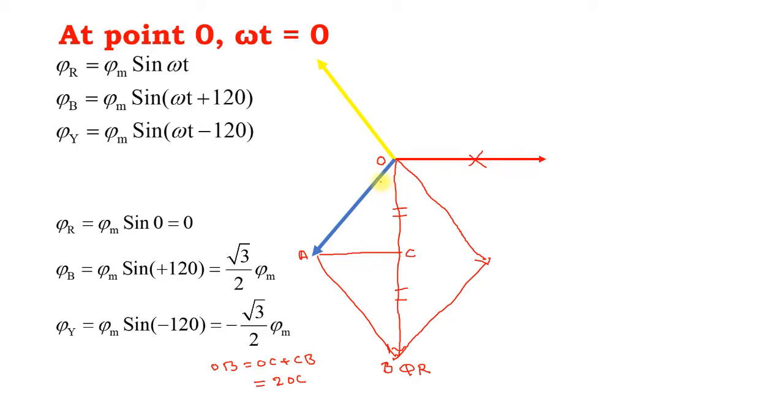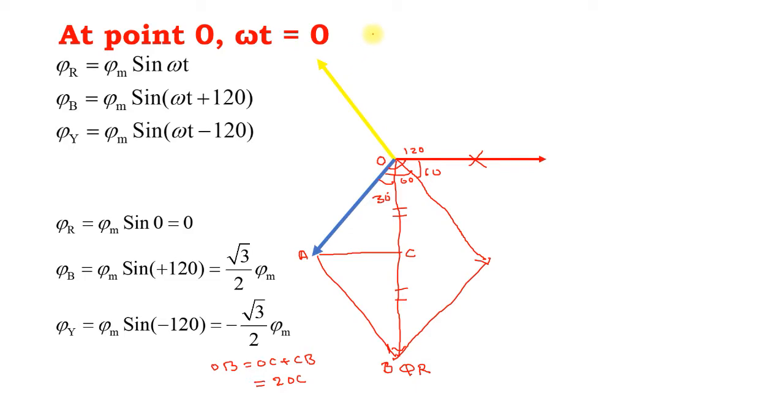Now the angle between the lines OA and OC is 30 degrees. How is it 30 degrees? The total angle between the blue and red is 120 degrees. After drawing this line, this angle is 60 degrees and this one is 60 degrees. After drawing the line OB again, this angle is 30.